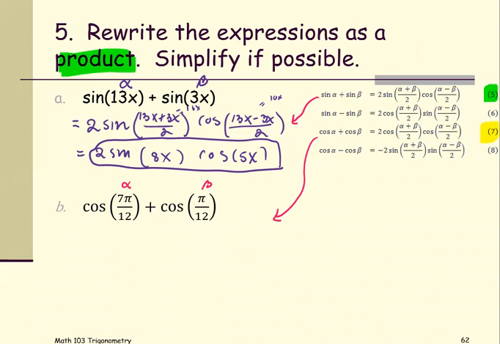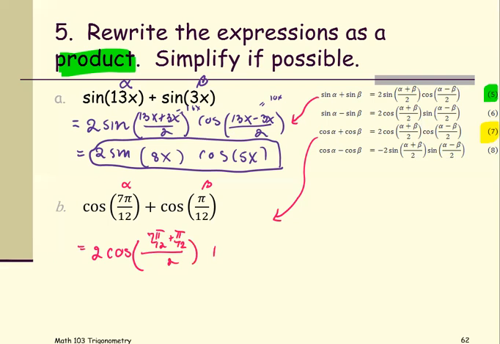And then follow the pattern of number 7, cosine alpha plus cosine beta equals 2 times cosine of a half of the sum. So it's going to be 7 pi over 12 plus pi over 12 divided by 2.